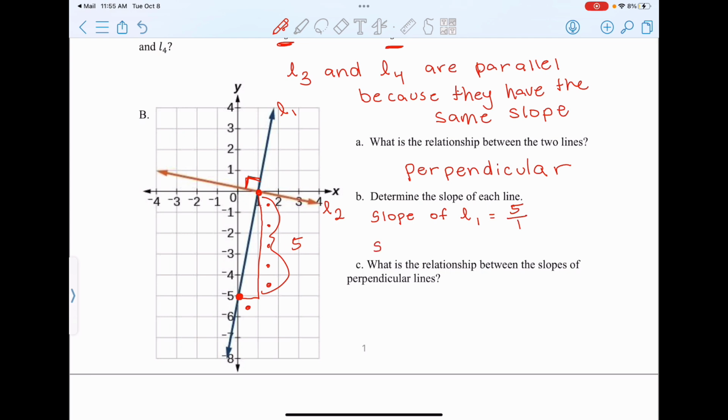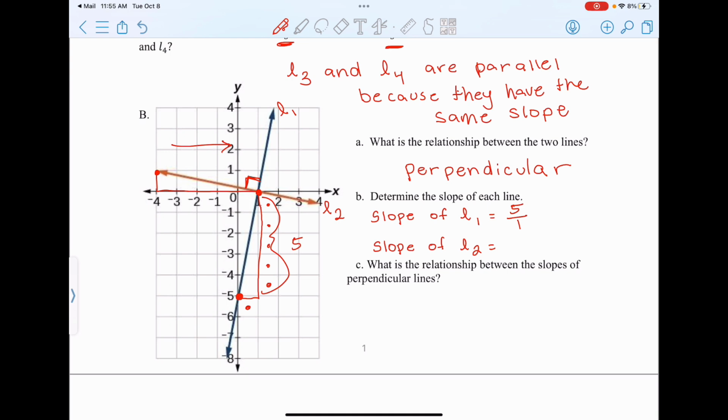And now let's find the slope of L2. For L2, I need to find 2 points that cross at perfect corners, such as this point, -4, 1, and 1, 0. And notice how if we look at this line from left to right, just like we read a book, this line is going down.